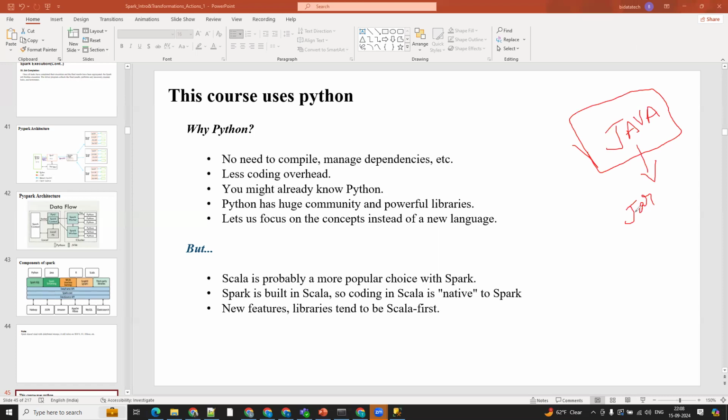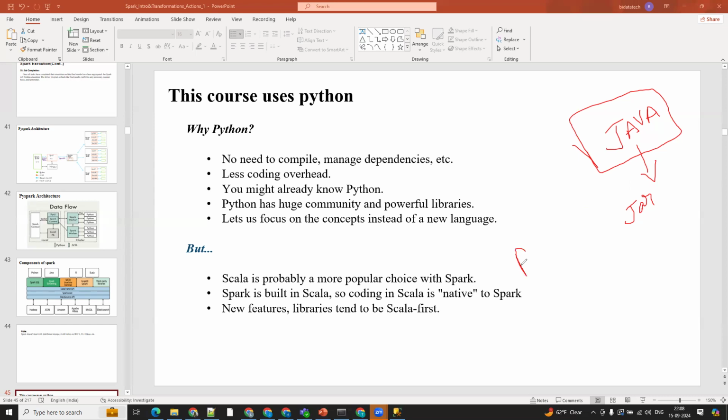Correct or not? People from a Java background, correct me if I'm wrong. You have to build the Java jar files to make it an executable file. So in order to build this jar file, again we have to use build tools, Maven or Ant, or some other tools in the market.